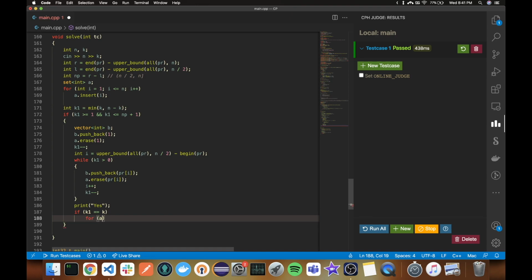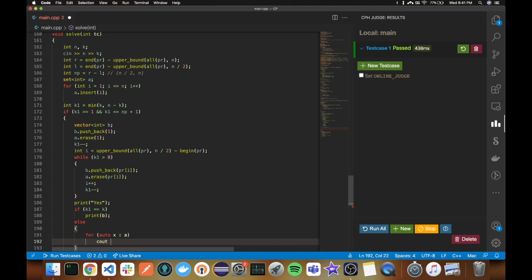What I'll do is for auto X in, what was that? If K1 was K, then B. Wait, I can just do then print B. Otherwise, for auto X in A, right? That is the bigger one.